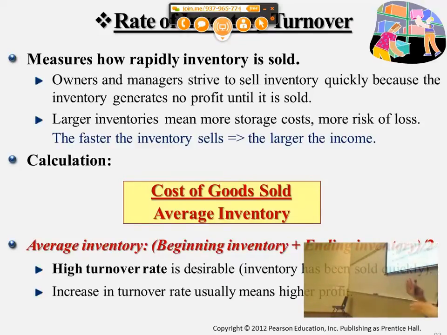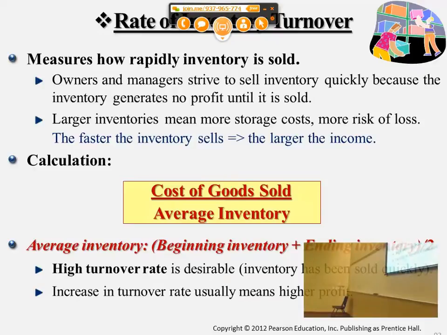This ratio, again, the higher the better. Because if you think about it, the higher the ratio is, the numerator is higher than the denominator, and that represents the company actually has been selling inventory, turning inventory into cost of goods sold very quickly. So the more rapid this process is, the quicker the inventory turns into profit.